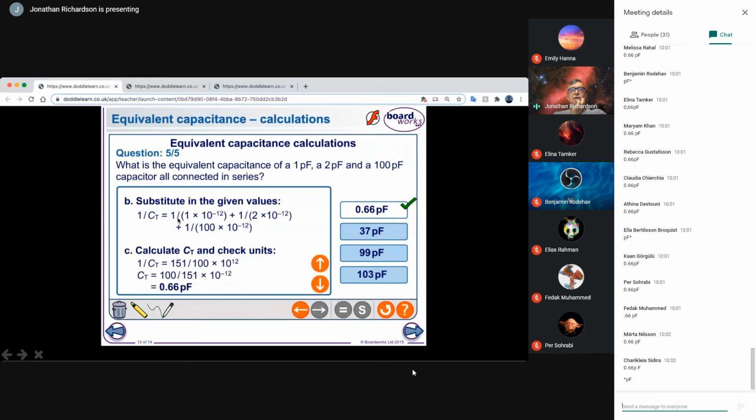So we get 100 over 100 plus 50 over 100 plus 1. So 151 over 100 inverted, 0.66. Good.